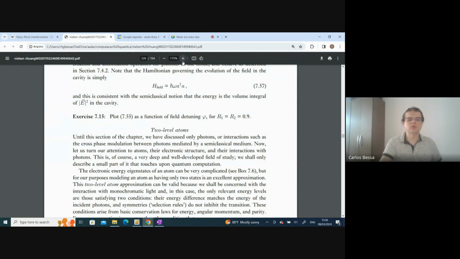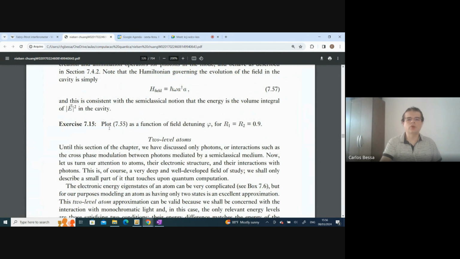This one asks us to plot this expression 7.55 as a function of phi, for R1 equal to R2 equal to 0.9. Both mirrors with 90% reflectivity.